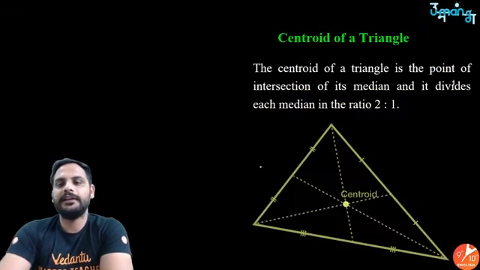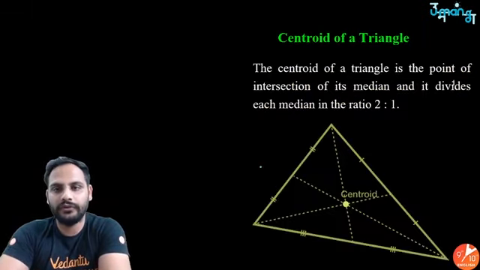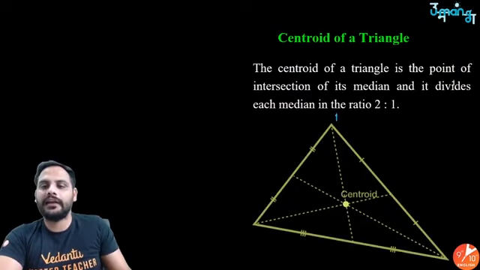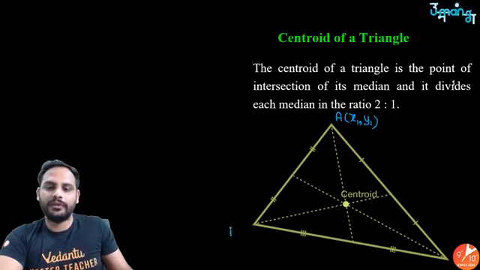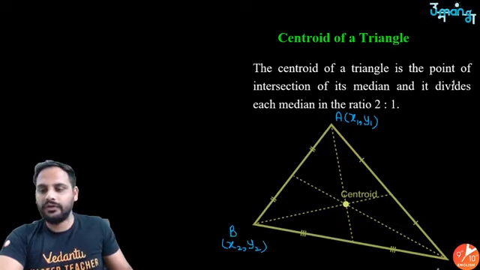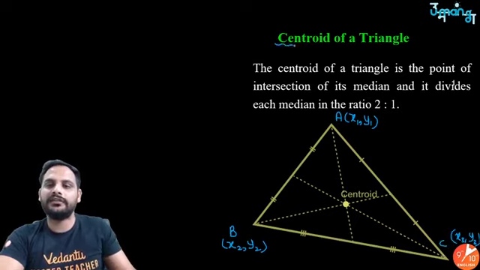Okay? After that comes the centroid's coordinates for a triangle. For example, this is a triangle. A has coordinates x1 comma y1. This is point B, whose coordinates are x2 comma y2. This is point C, whose coordinates are x3 comma y3. So you know centroid is the intersection point of all medians.